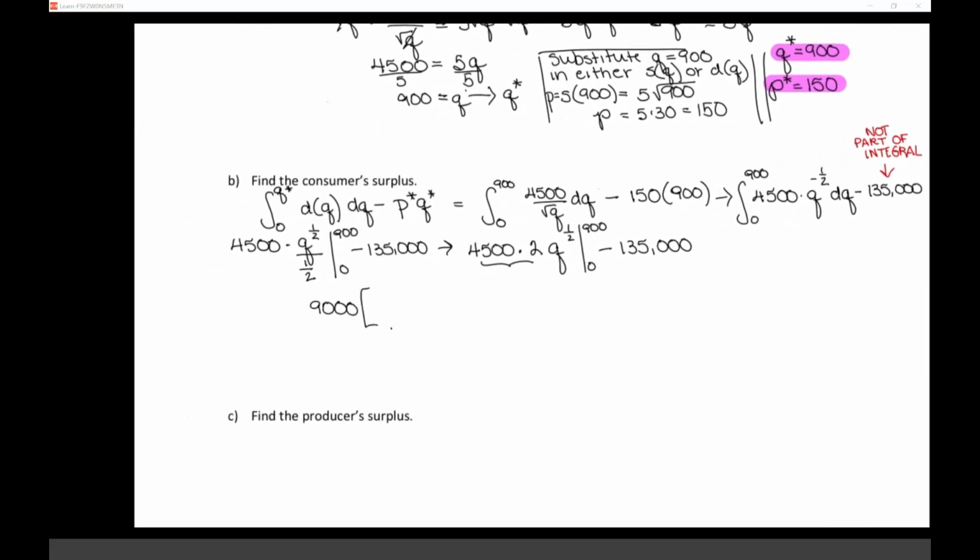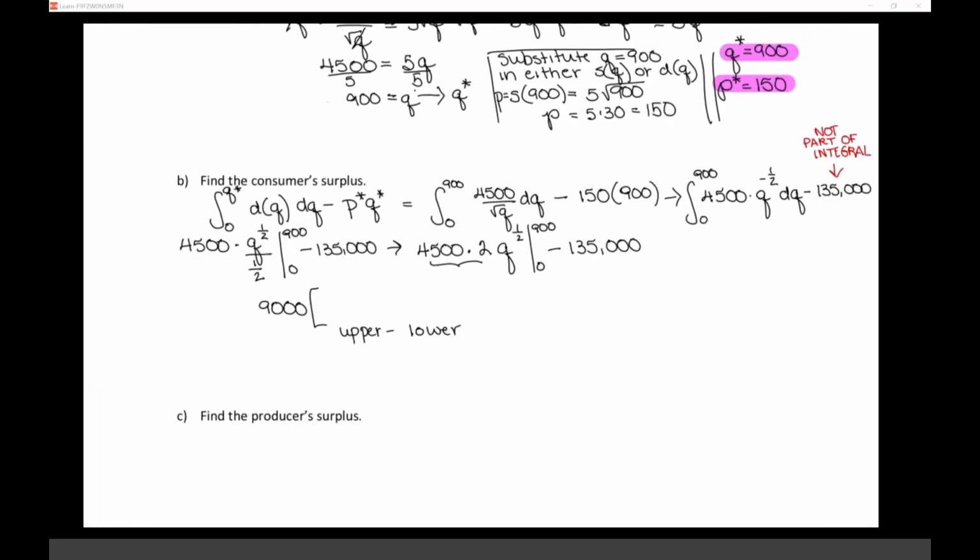Now I'm going to do the upper minus lower, according to the fundamental theorem of calculus. So I'm just putting in Q to the 1/2, so that's 900 to the 1/2 minus 0 to the 1/2, minus 135,000.